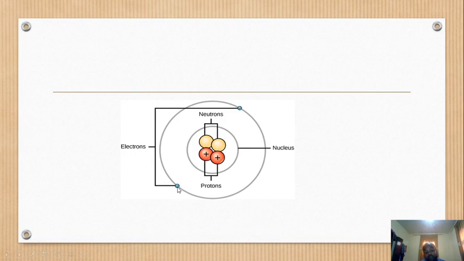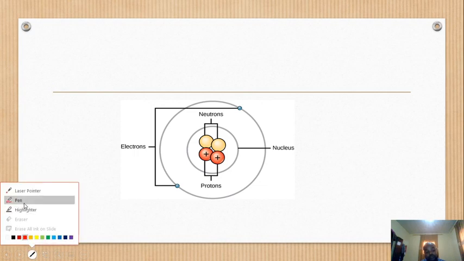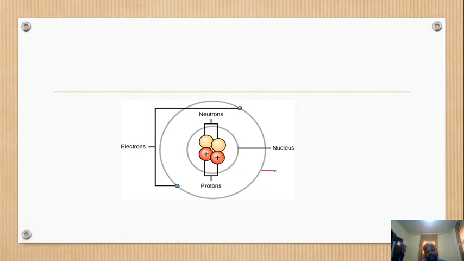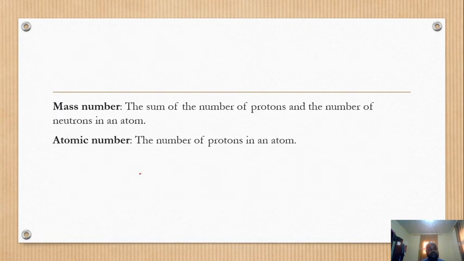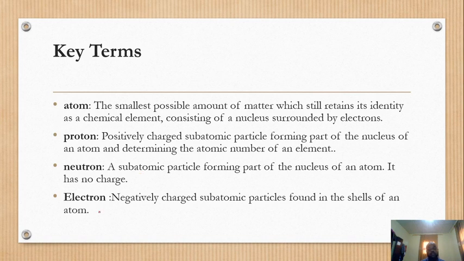This is a shell. So in the shells we have electrons, which are negatively charged. You see the minus here. They are negatively charged, right? So electrons are negatively charged subatomic particles found in the shells of an atom.